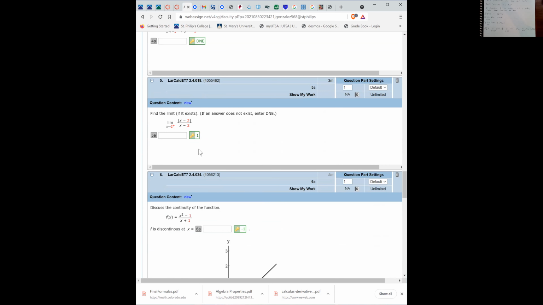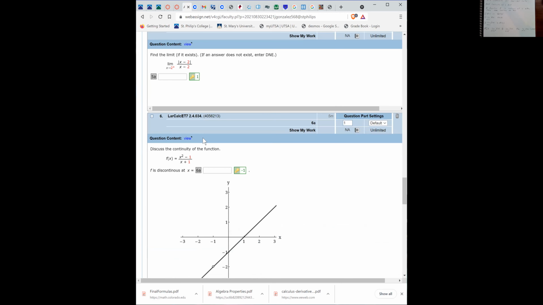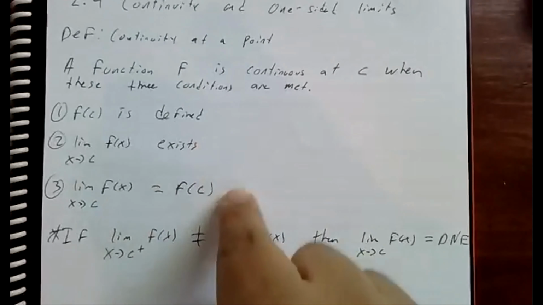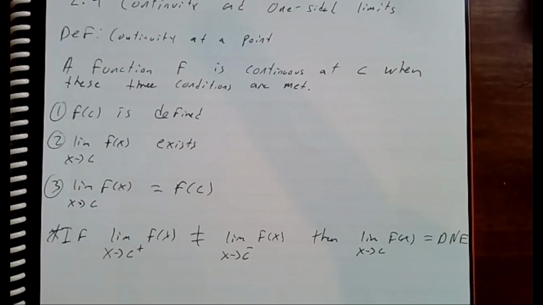So that's all you have to do for these questions: either graph them and then check what's happening on the right side and on the left side. If it asks for continuity, then you have to go through these 3 requirements and see if it passes all 3. If it passes all 3, then it is continuous at a specific point. If it fails any of them, you say not continuous.